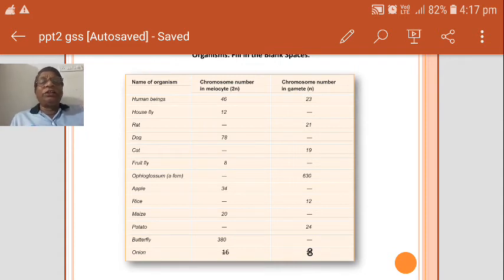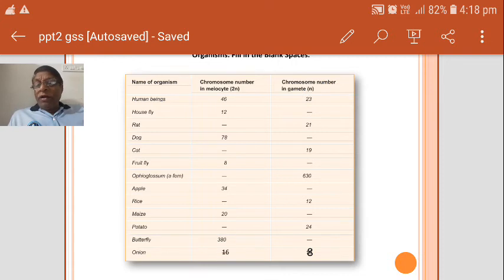Means each cell contains only 8 chromosomes. When meiosis takes place, the gametes contain only 4 chromosomes. It means each cell contains 4 chromosomes, the sperm or the egg. Okay.